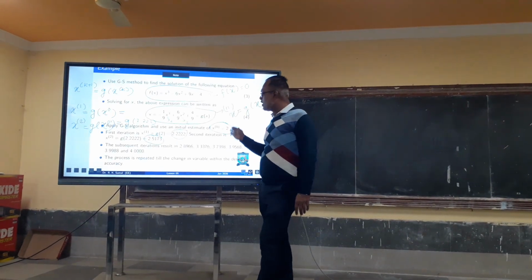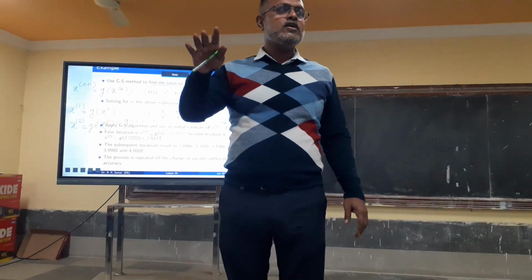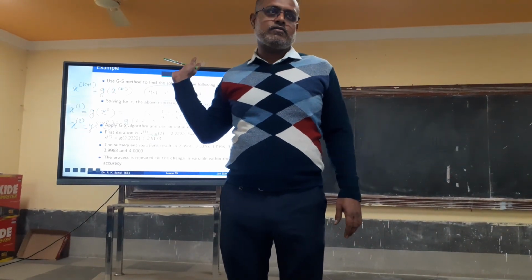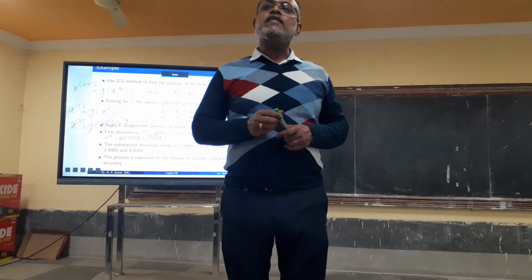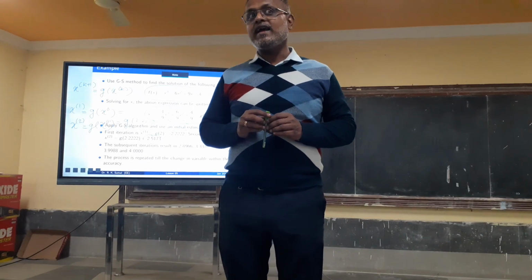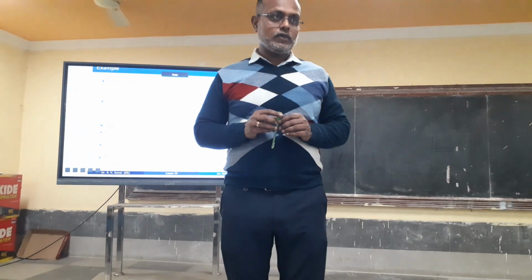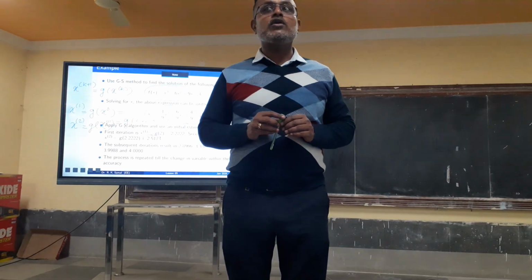Suppose there is some other solution which is far away from this solution. That is also possible. So the answer to his question is that if you start with a different initial guess, you might get a different solution. But we should always check whether the solution is feasible or not.